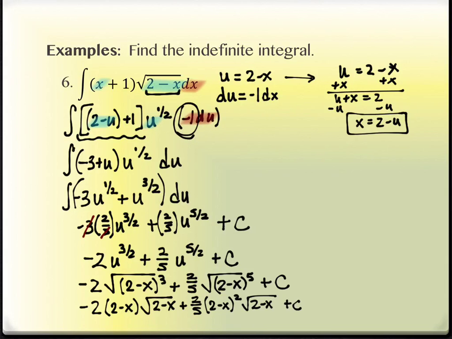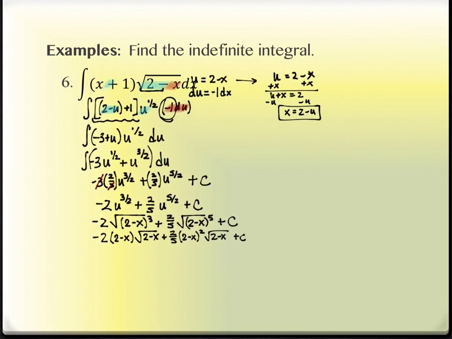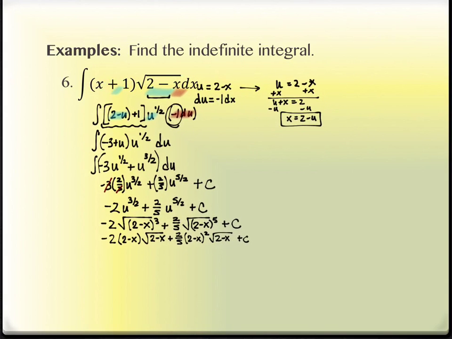So just for fun, what else could you do? How about we undistribute? Factor? If you'll take a look at what's going on there, sorry, that's really tiny now, but I needed some more space. They both have a square root of 2 minus x in them, right? So you could factor out the square root 2 minus x. Even though c doesn't, we'll have the plus c on the end.